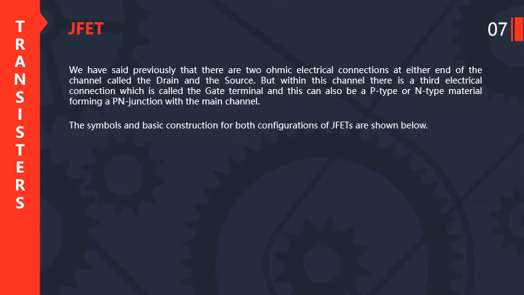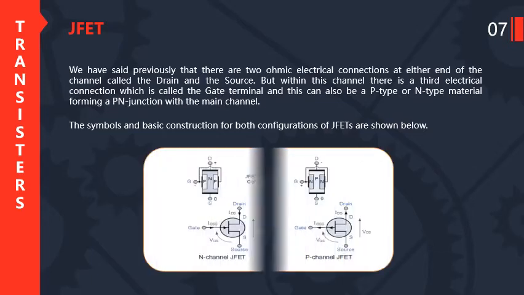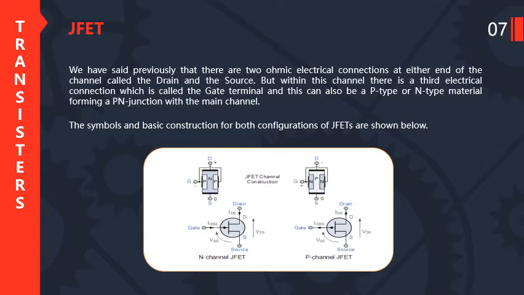The symbols and the basic construction for both the configurations of JFETs are shown below. ऑलरेडी हमने अभी प्रीवियस वाली स्लाइड में इस डायग्राम को समझ लिया है, क्या है सिंबॉलिक रिप्रेजेंटेशन है एज वेल एज दी कंस्ट्रक्शन डायग्राम ऑफ N channel JFET and P channel JFET.